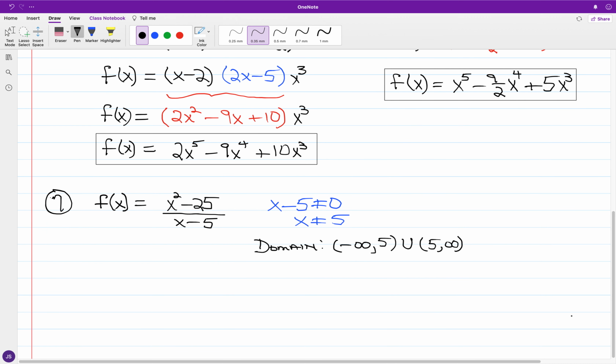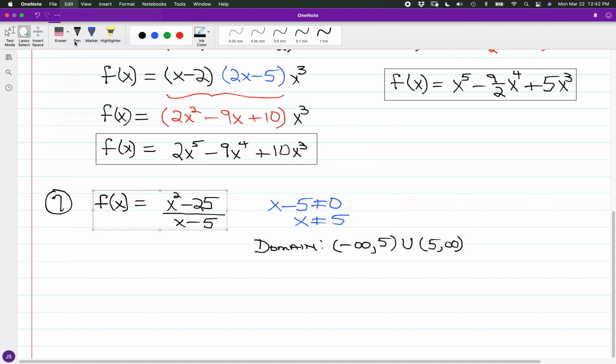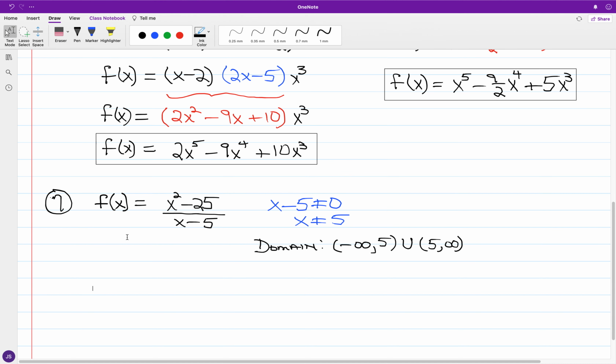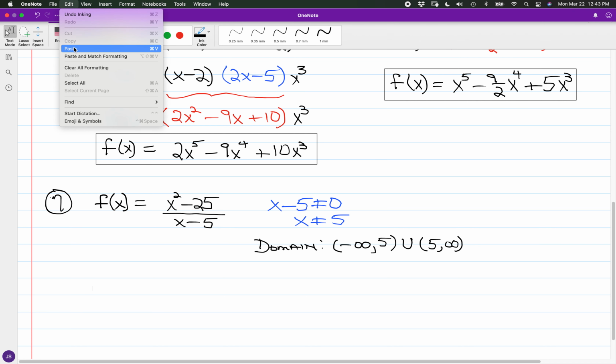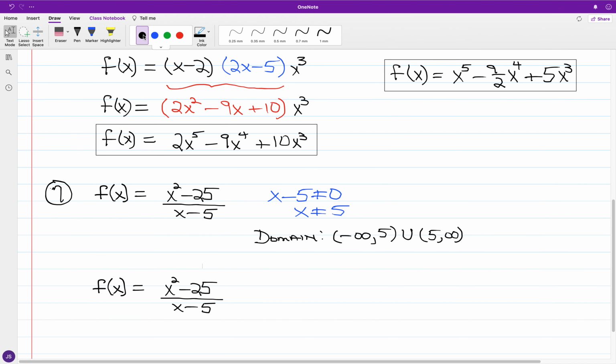Now, looking at f of x once again, what's going to happen once we simplify. I have x squared minus 25 over x minus 5, and if I look at factoring, we have a difference of squares in the numerator. So I have x plus 5 and x minus 5 all over x minus 5.